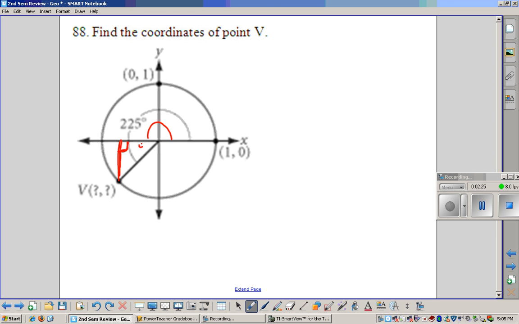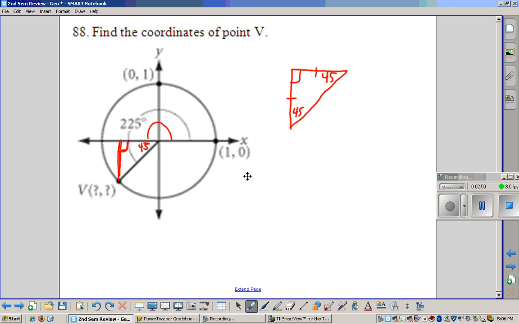That's 180, so this is really 45 degrees past that. So this is going to end up being a special triangle too, a 45, 45, 90 triangle. This is 90, this is 45. I'm going to pull out the picture again. We're going to use the right triangle.